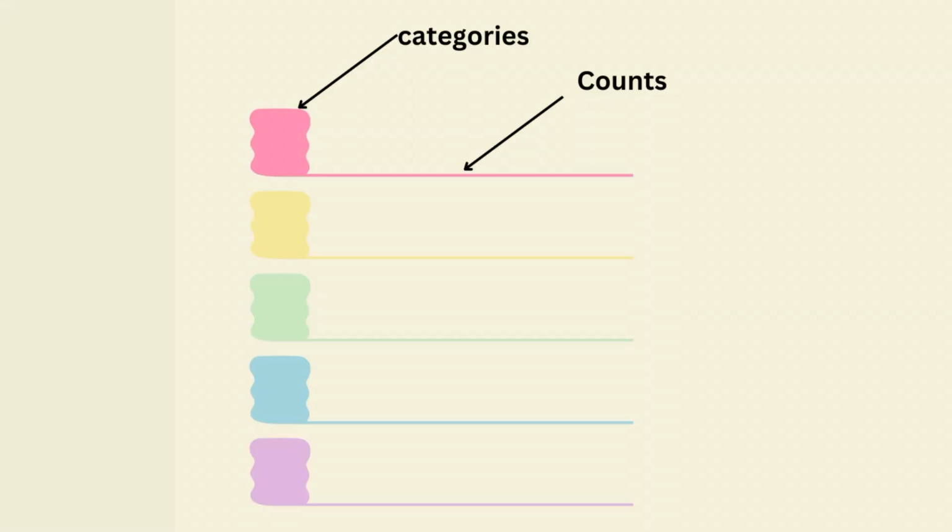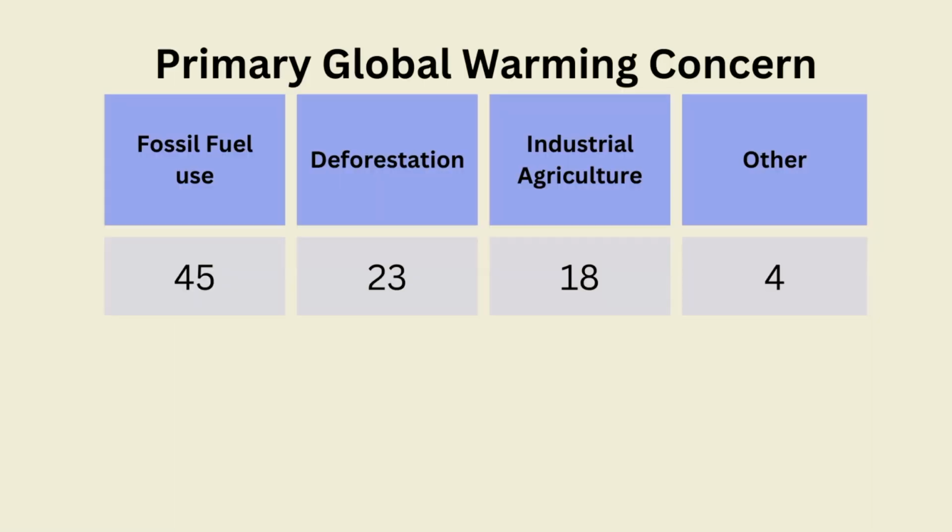Let's start with frequency tables. These tables show how often each category appears. Imagine we conducted a survey on students' concerns about global warming. The frequency table would list the factors contributing to global warming and the number of students most concerned about each.